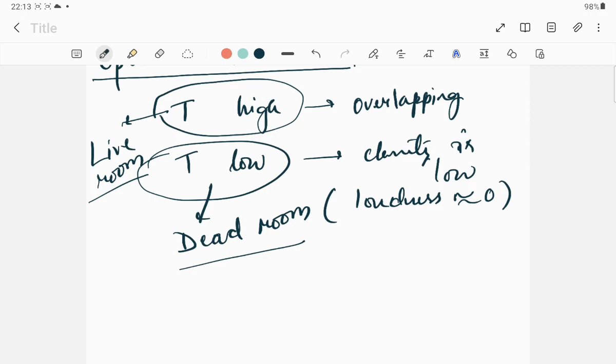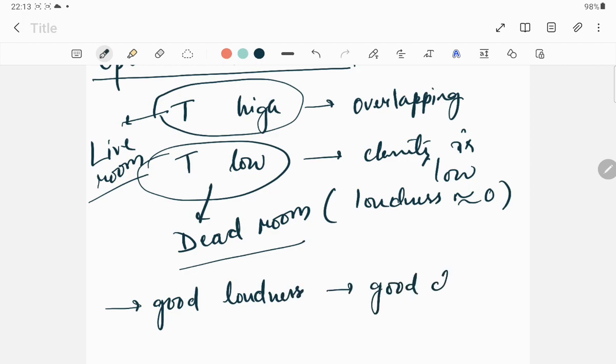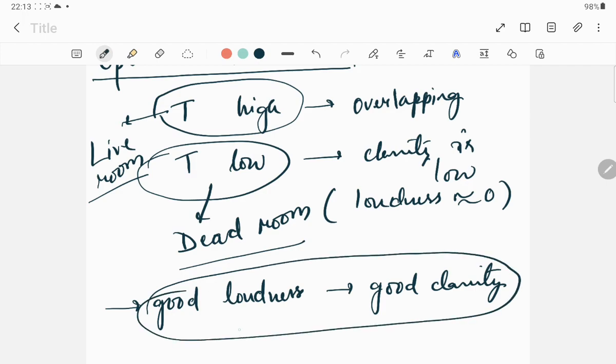We should find a balance between these two where we can have very good loudness and also good clarity of sound. The reverberation time value at which we can maintain both is called optimum reverberation.